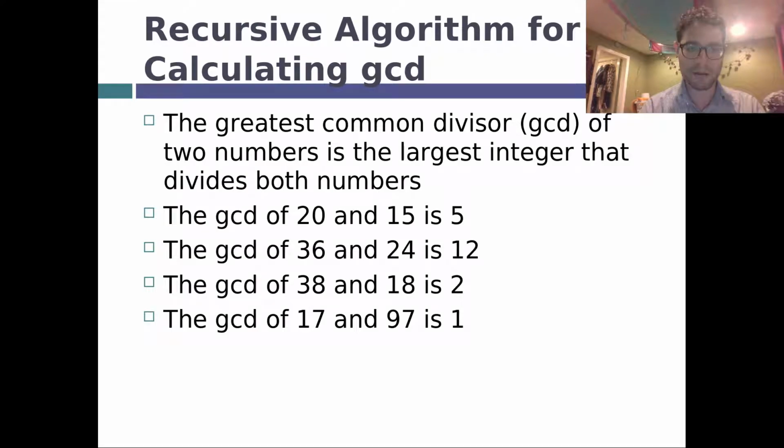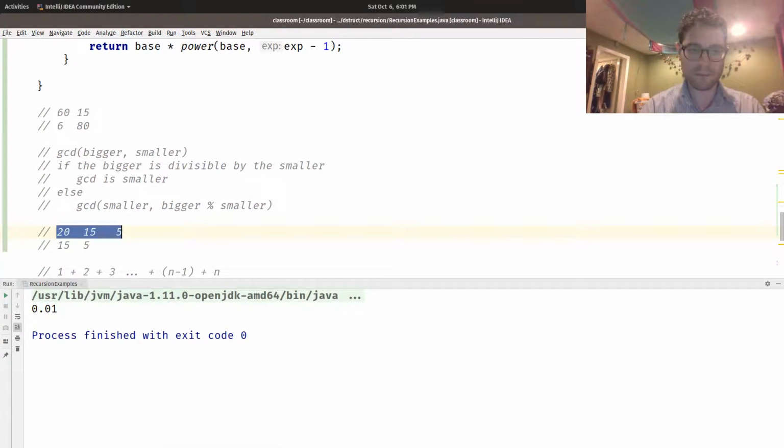All right, what about 36 and 24? Does 24 divide 36? No, it does not. So now we have to calculate 36 mod 24, which gives us 12. Everybody understand the steps?